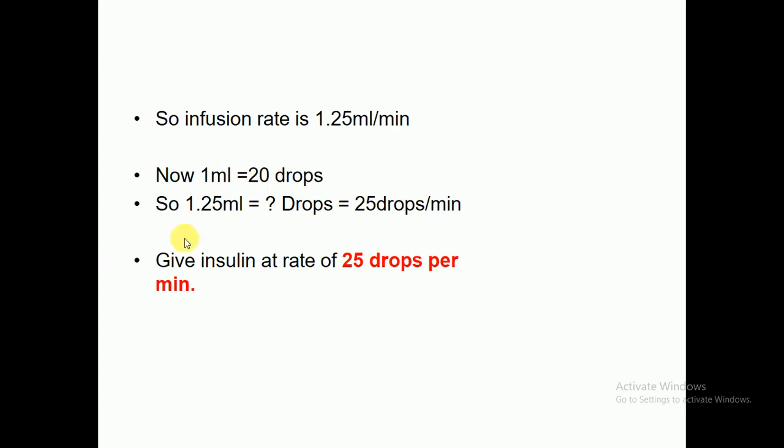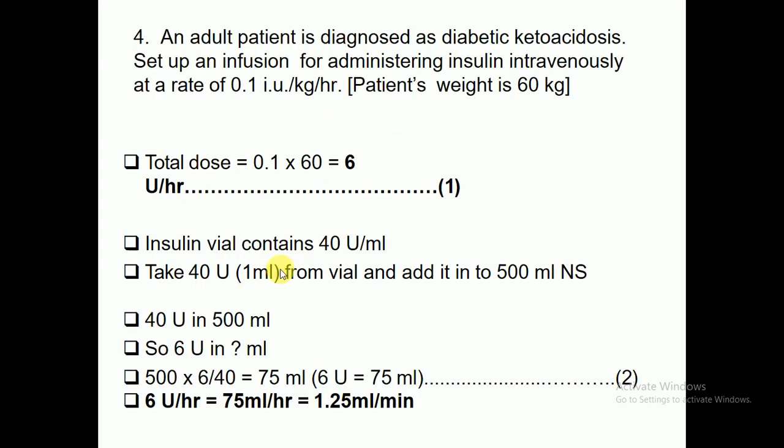Cross multiplication is done here: 1.25 multiplied by 20 becomes 25 drops per minute. Give insulin at the rate of 25 drops per minute. So this will be the answer.